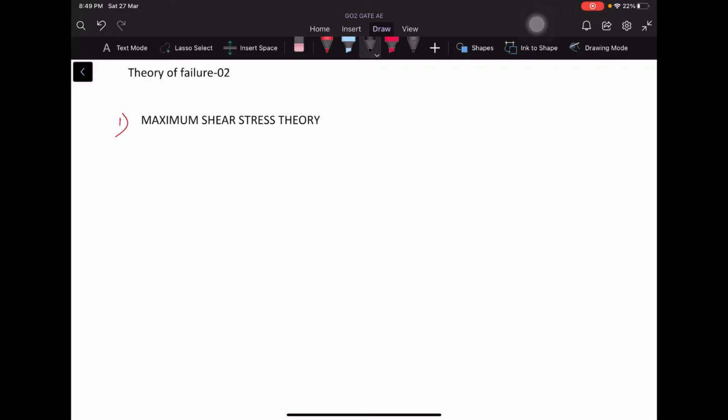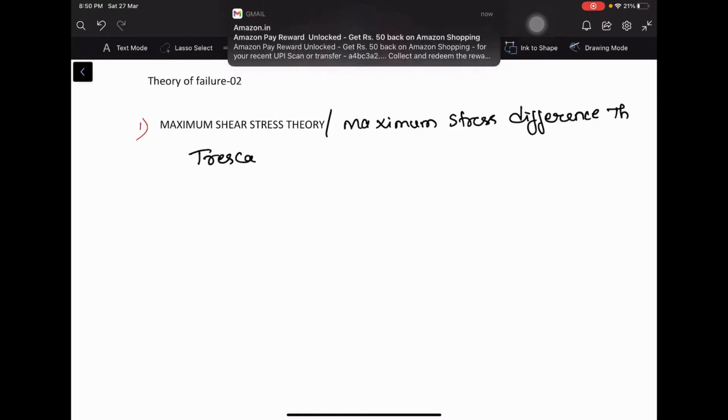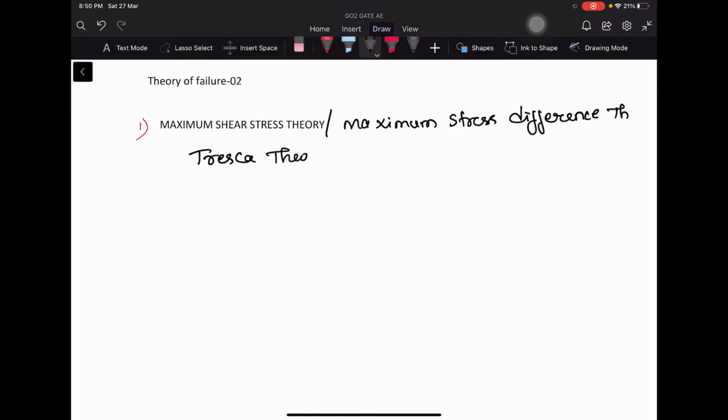So maximum shear stress theory is also known as maximum stress difference theory, and it is also known as Tresca theory, and it is also known as Gates theory.